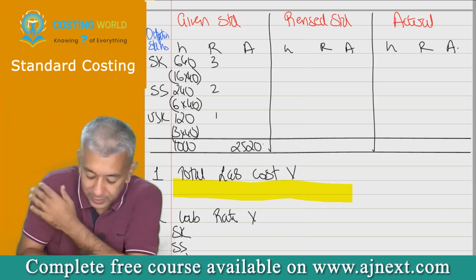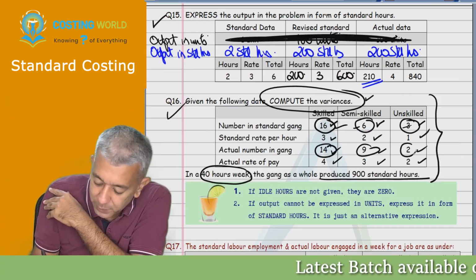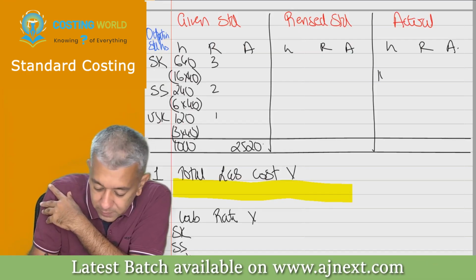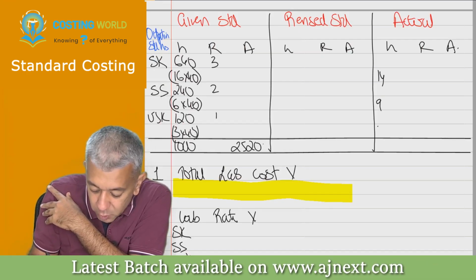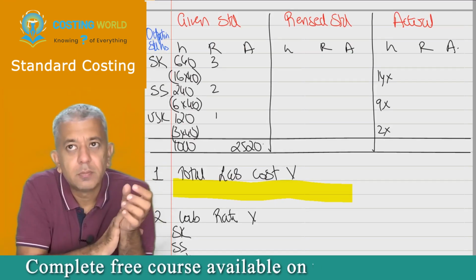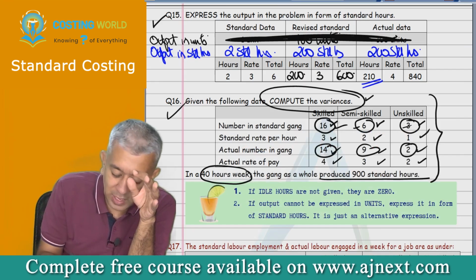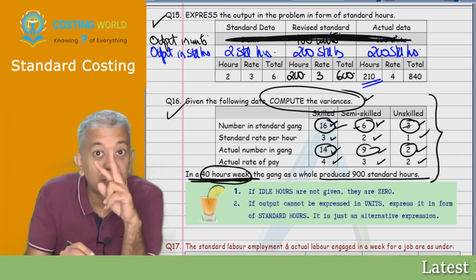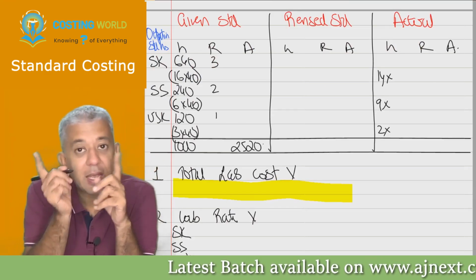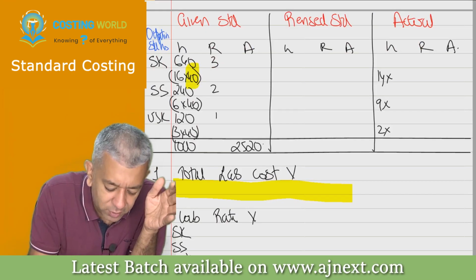Now, in reality, what happened? There were 14 people, 9 people and 2 people. Now see, one line I am speaking and I'll interpret it twice in a different way. It is given, in a 40-hour week. In 1 week, workers should have worked for 40 hours.